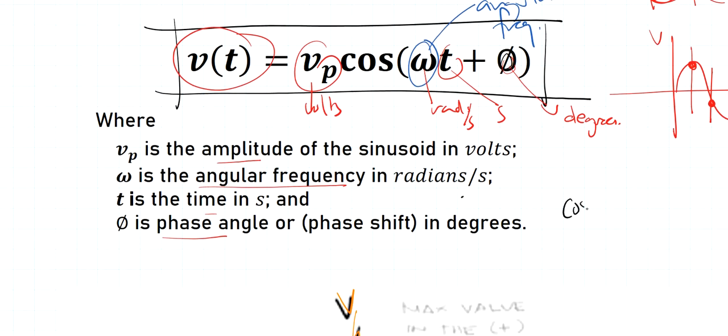Whenever we are taking the cosine of something, whether omega t plus this phi, everything that's inside here is actually a unit of angle.